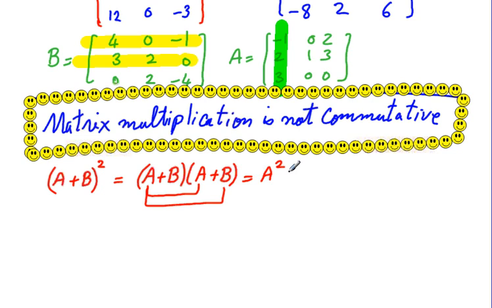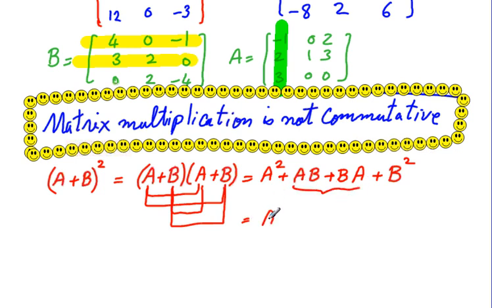A times b, that's a times b. And then b times a, that is b times a. Then b times b, but b times b we abbreviate to b squared. If it was ordinary algebra, what would you have done to these guys? Yeah, say a squared plus 2ab plus b squared.